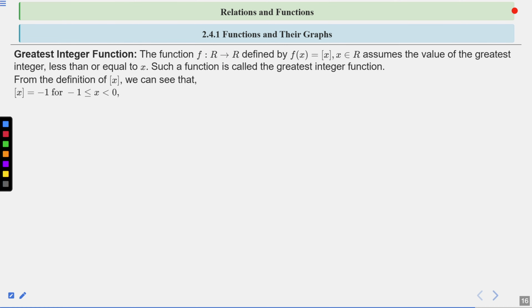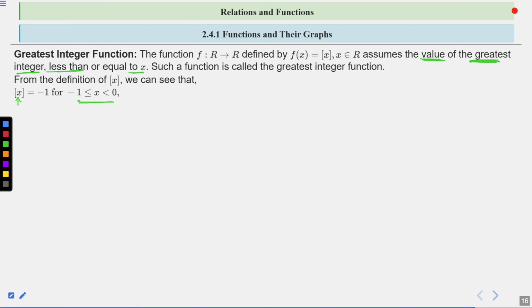So for example, if you give input in this specific interval, say minus 0.5, then by definition your output must be an integer. Clear? So the greatest integer less than or equal to x.